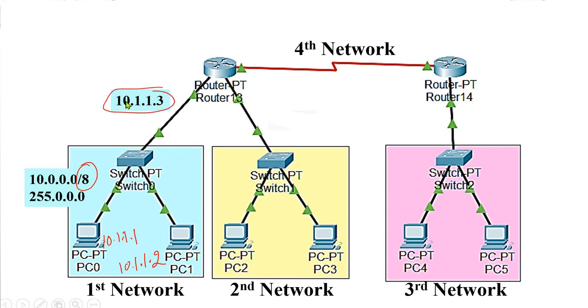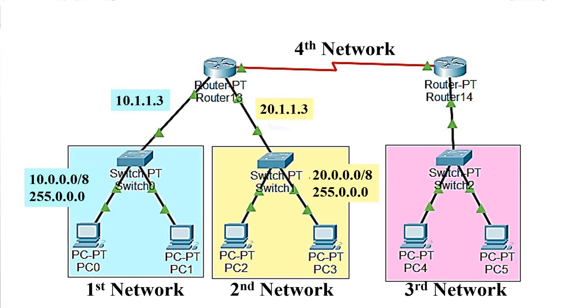If you have any confusion regarding the gateway, then you must watch the previous video where we connected a single router, for the gateways and other concepts. For the second network we are using the same host IDs but a different network ID. Here I am going to use the network ID 20.0.0.0 /8, where 8 is the number of network bits.